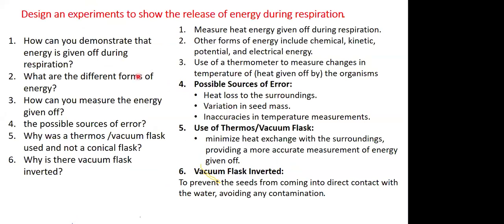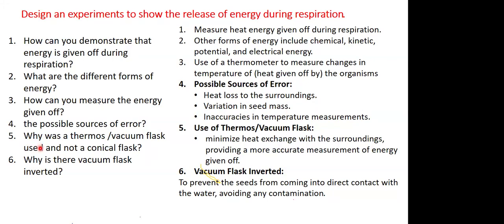So let us see what we have here. So possible source of error, we said heat loss to the surrounding. Now, what can cause heat loss to the surrounding may be when you don't use a vacuum flask, as Joshua has said. If you use a conical flask, you see what we have number 5 here. For them, they have a single layer, so they easily conduct heat, either from the surrounding to the container or from the container into the surrounding.